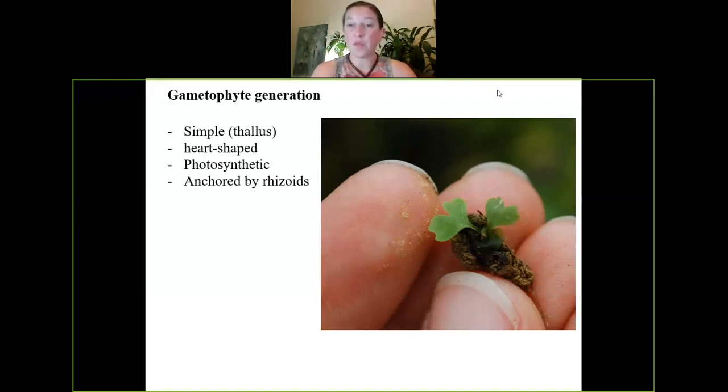And think about that. When we were looking at the non-vascular plants, I told you that in general, when you're walking around and you see green moss, you're looking at the gametophyte plant, right? The gametophyte plant in the non-vascular plants is dominant, but the gametophyte plant in the vascular plants is not dominant. It's reduced.